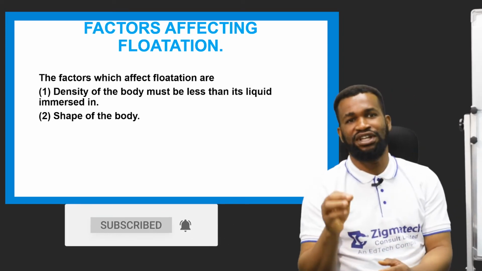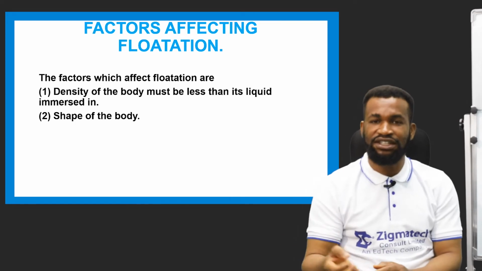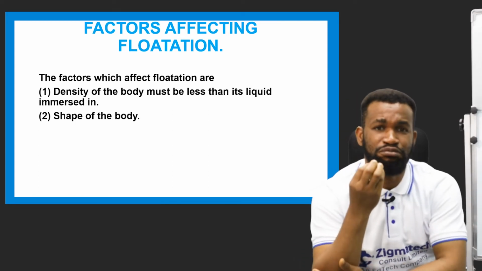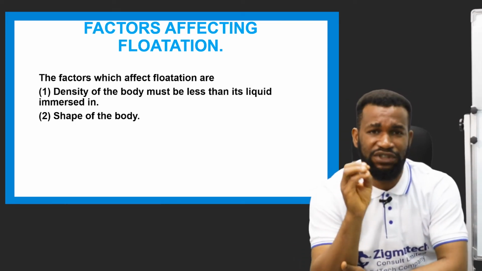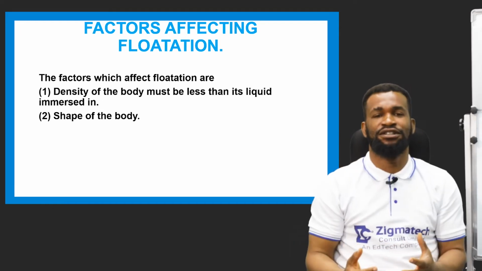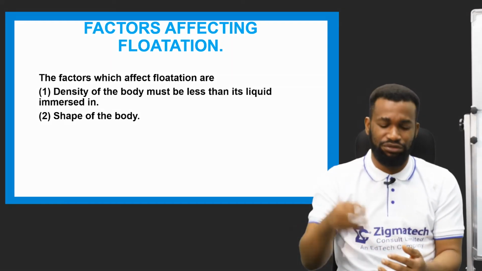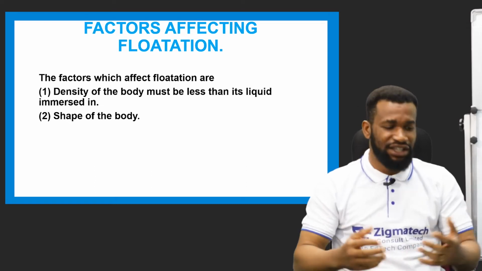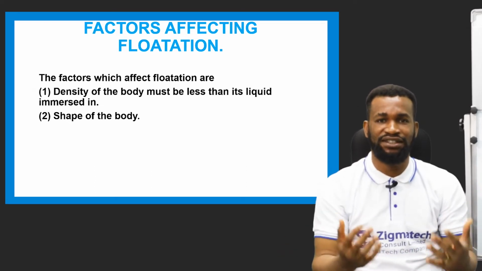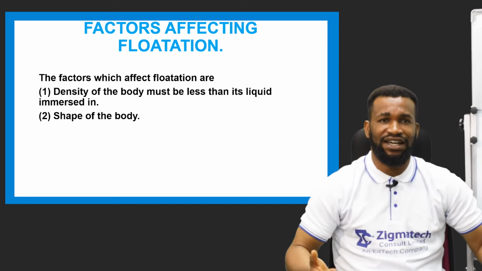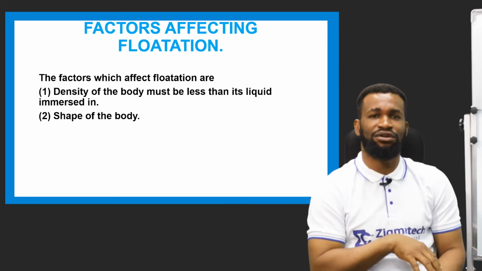Then in that case, the body can float. If the object is denser than the liquid, it will just sink. But when the liquid, or let's say water in this case, is denser than that substance, then it can float.